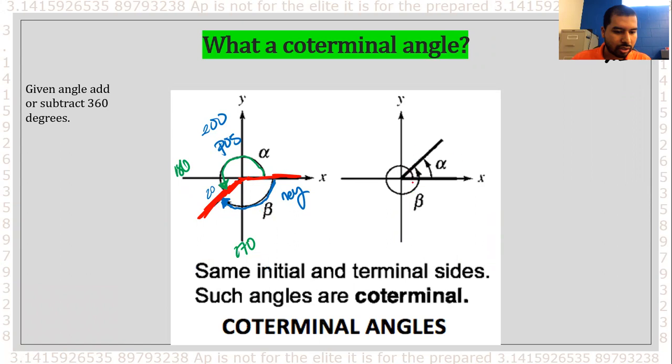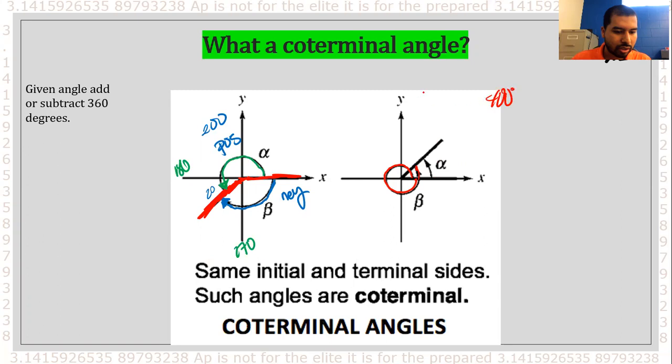So pretty much another way to see this is by looking at this right here. Let's say you have an angle that has gone more than one revolution. Hopefully by now you see that this angle went a complete revolution, and then went a little bit more, which is denoted as A. So this is probably like, let's say, 400 degrees.